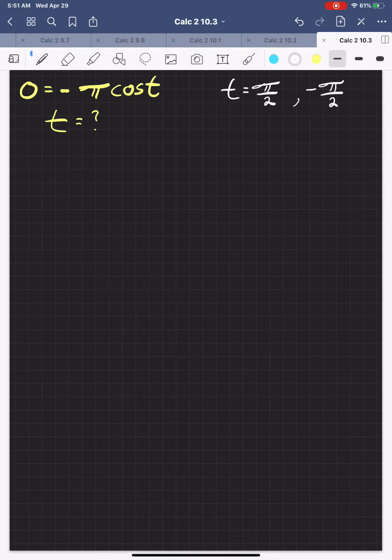The reasoning is that you can divide both sides by negative pi without losing any solutions. So 0 is equal to cosine of t.